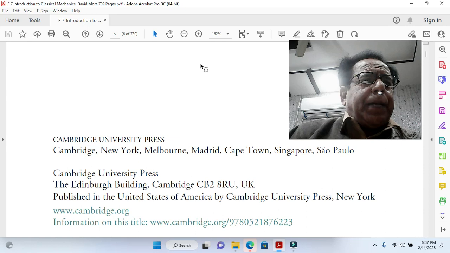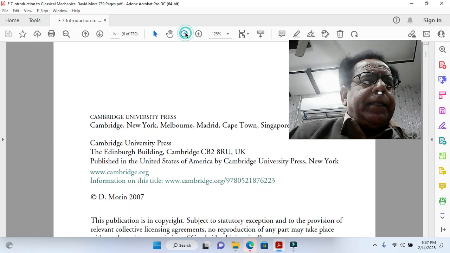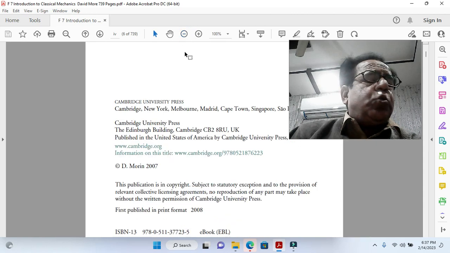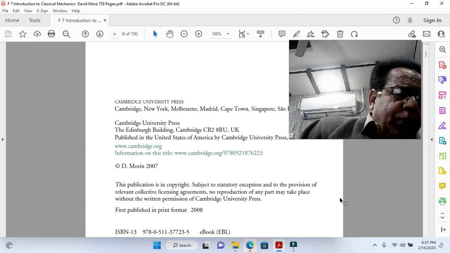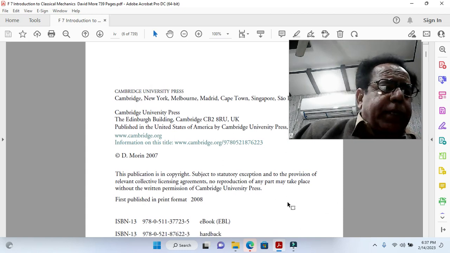Cambridge University Press. Cambridge University Press is the author of this book. Sorry, not author, publisher. David Morin, 2007. It means this book was published in the year 2007.